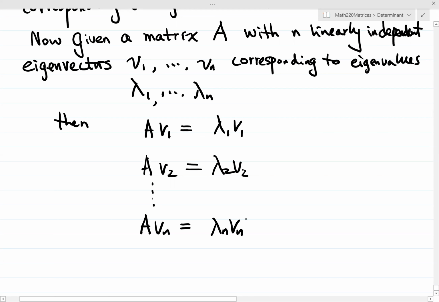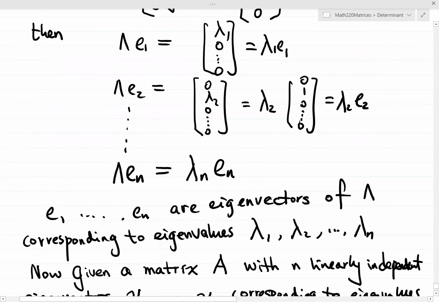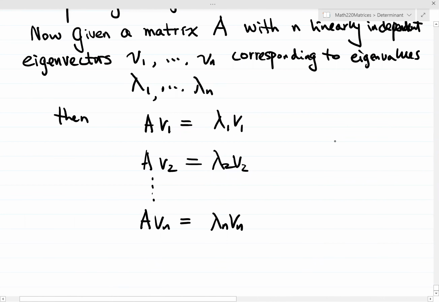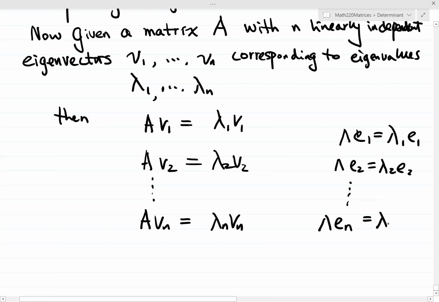Now you see, what this matrix A does is rescale the eigenvectors v1, v2, ..., vn by a scalar. Remember what this diagonal matrix does: gamma E1 is lambda 1 E1, gamma E2 is lambda 2 E2, up to gamma En is lambda n En.